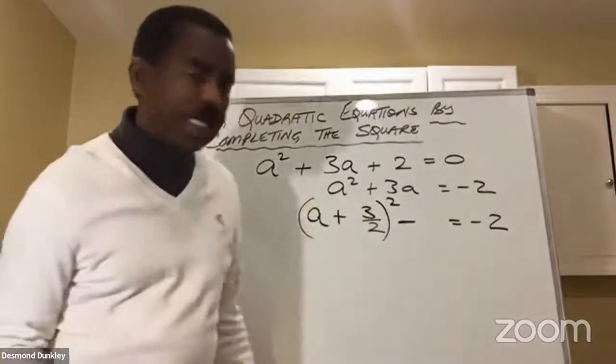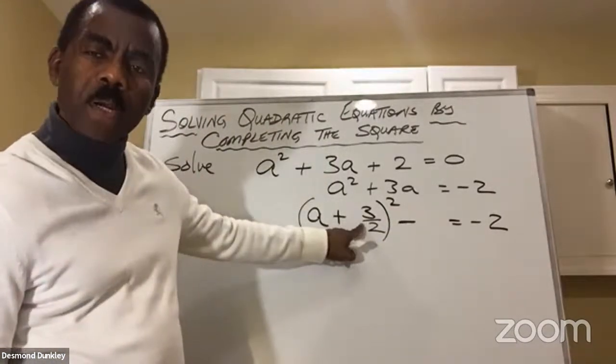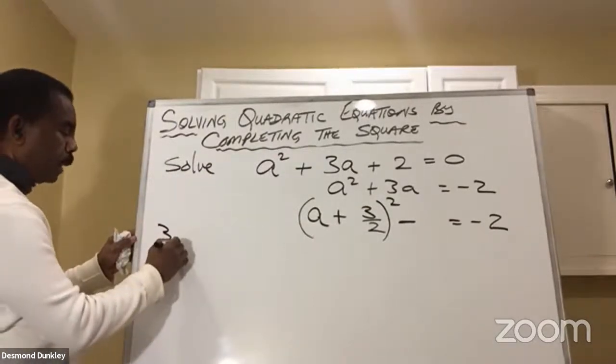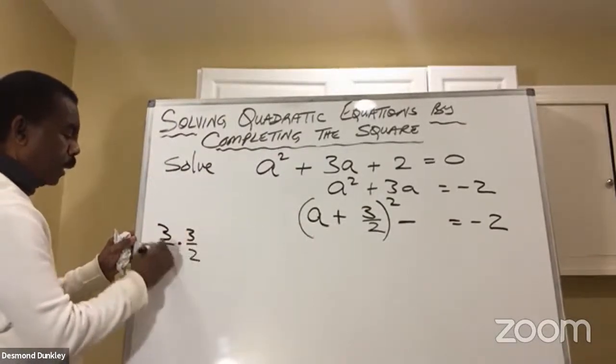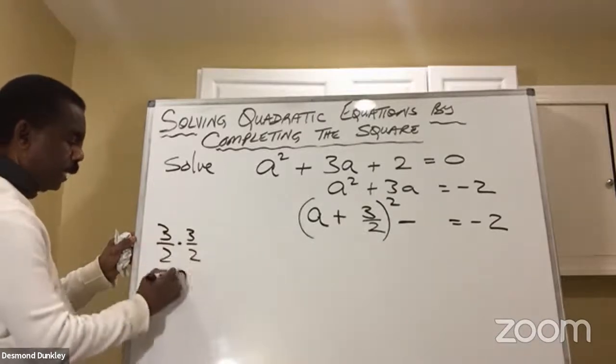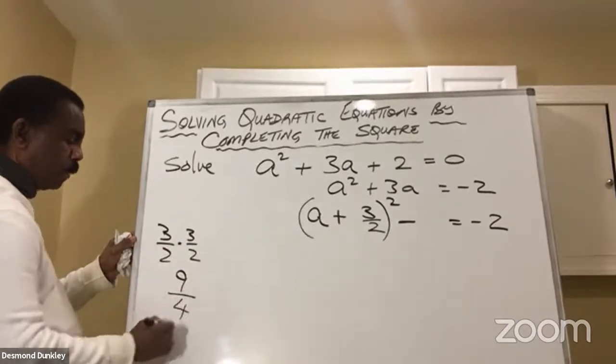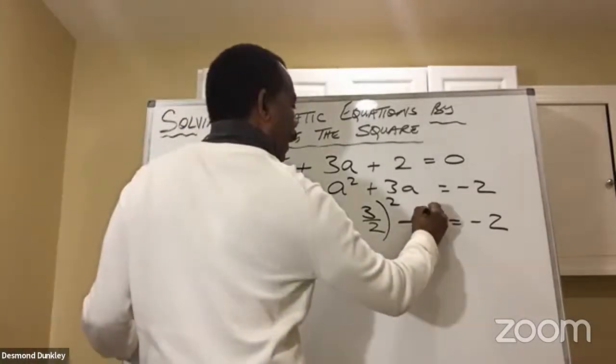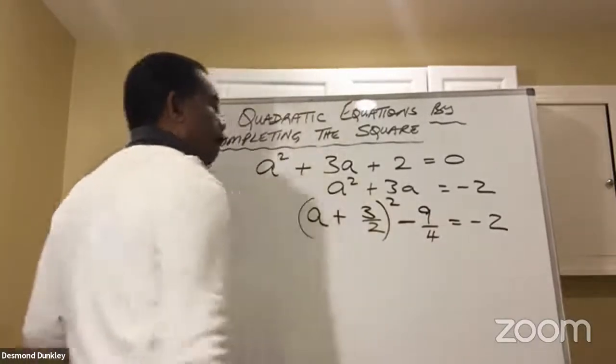And the adjustment is this squared. So it's 3 over 2 times 3 over 2, and that gives us 3 times 3, 9 over 4. So we minus 9 over 4.